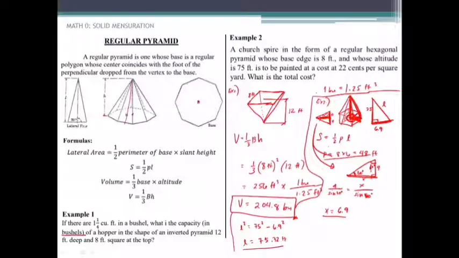Okay, so from the formula S is equal to 1/2 P, perimeter, times the slant height: 1/2 the perimeter, which is 48, times the slant height that we solved, 75.32. So our lateral area is 1807.66 feet squared.